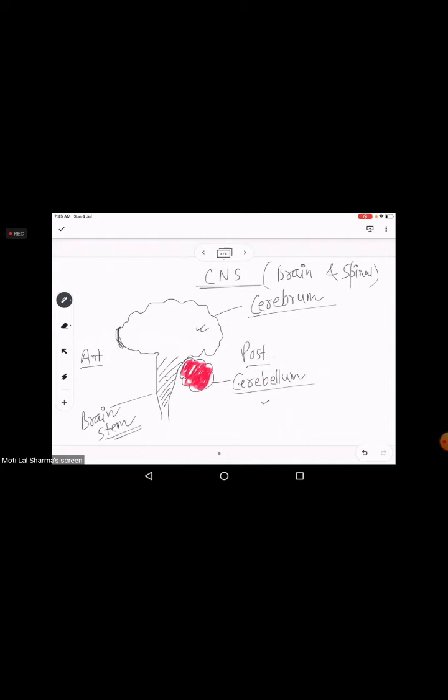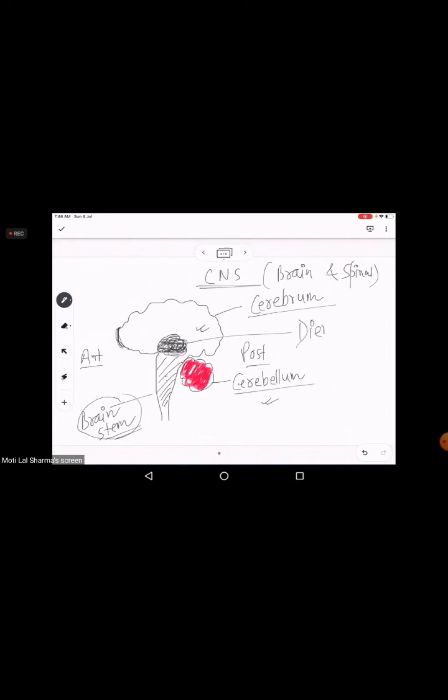Besides that, are there any other parts? Yes, another part is also there. That part we call the diencephalon. One part is there somewhere here, the diencephalon. The diencephalon is a part of your brain that lies above the brainstem.